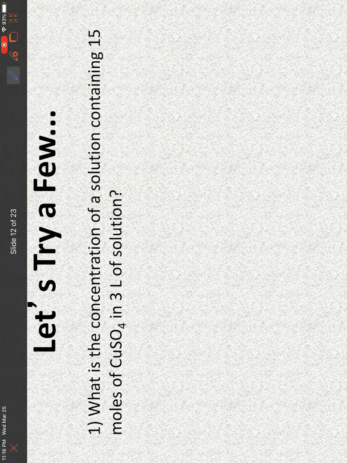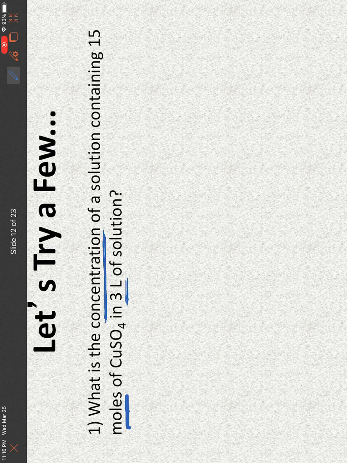So, what is the concentration of a solution containing, it's not working for me, I apologize. What's the concentration of a solution containing 15 moles of copper sulfate in a 3-liter solution? So, they're asking about concentration. So when you look at Table T, there's a box that says concentration. So you're going to use one of the formulas in there.